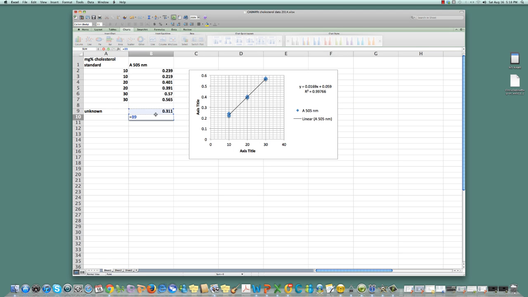So it's going to be this cell, 0.311, which is our y value, minus 0.059. Then we put that whole thing in parentheses. And then we're going to divide it by 0.0169.